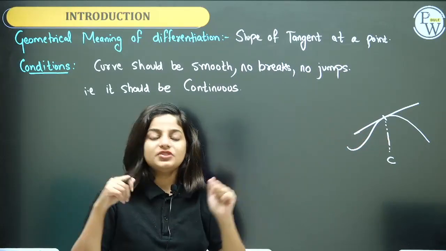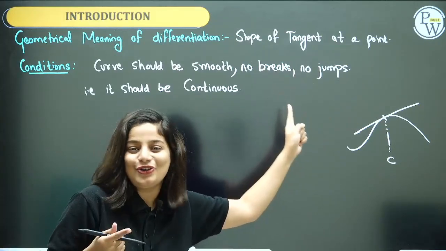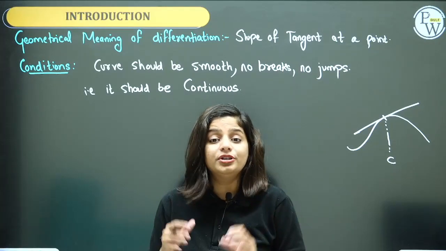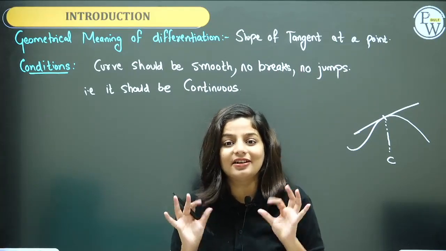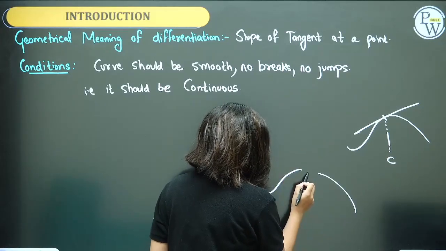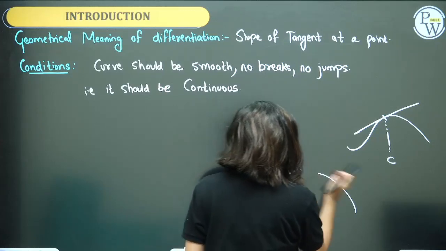So then the question was, in order to draw the tangent, you must need a continuous, smooth, breakless graph, isn't it? If the graph has a break in it, how can you draw the tangent at this point? I mean, there is a break in the graph. You cannot draw the tangent.